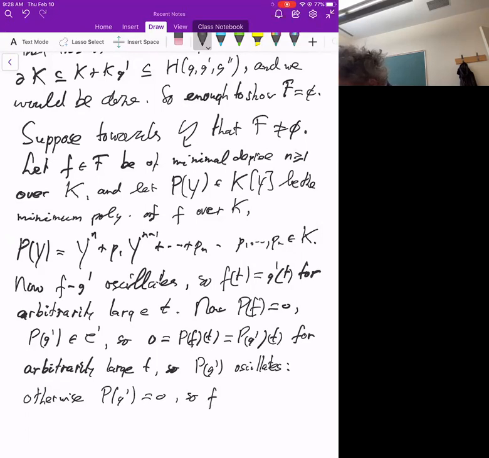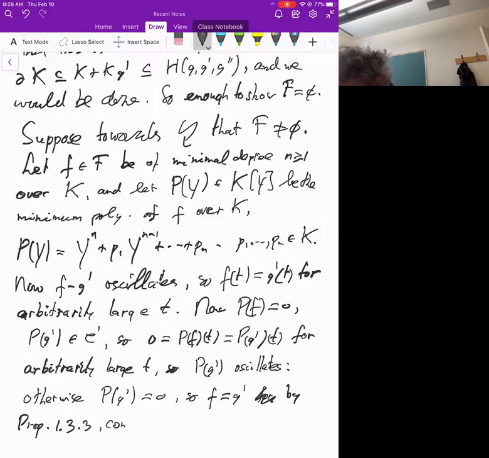So f equals g prime as germs. By an earlier result, proposition 133. And this contradicts that f minus g prime oscillates, right?